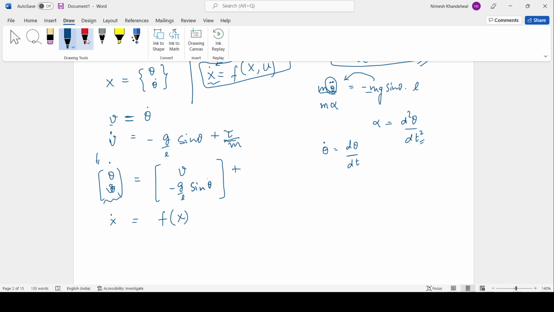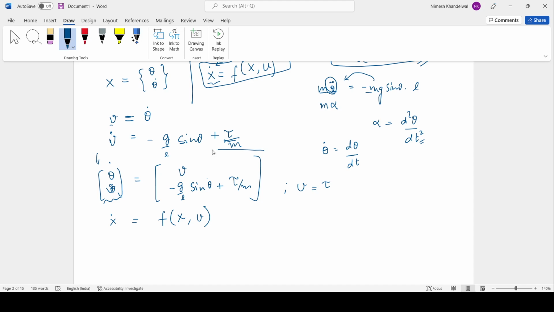Now you can either expand this itself, to be called f of x, and generally control input is represented by u. So I say that my u is tau, just for the sake of convention.